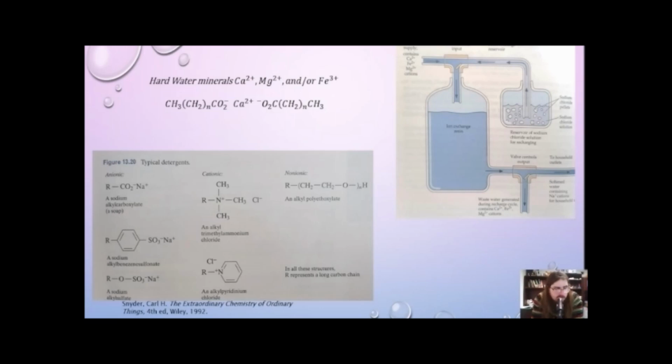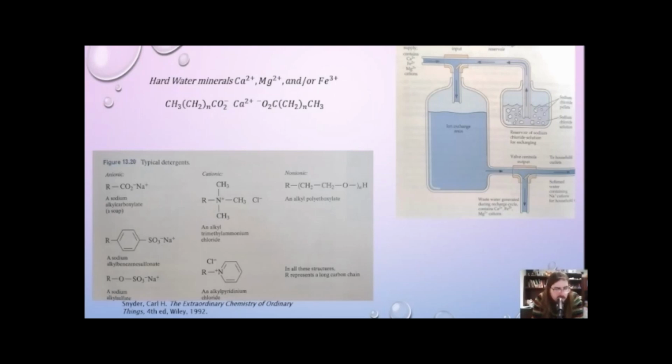Now, the other method is using synthetic detergents, which were invented in the 1940s. Things like alkyl benzene sulfonate, where instead of the long chain hydrocarbon, it has a benzene group and a sulfonate, which is SO3 1 minus, instead of the carboxylate.